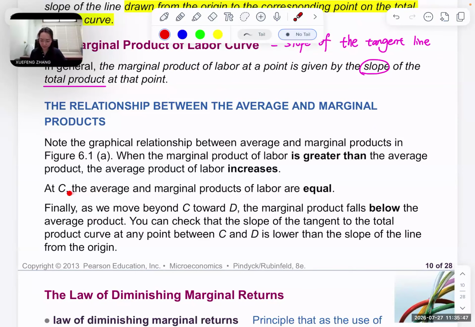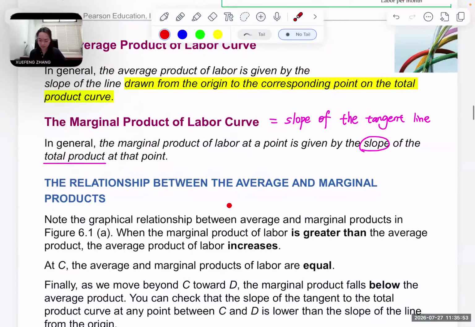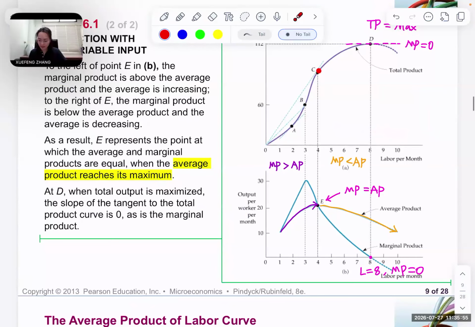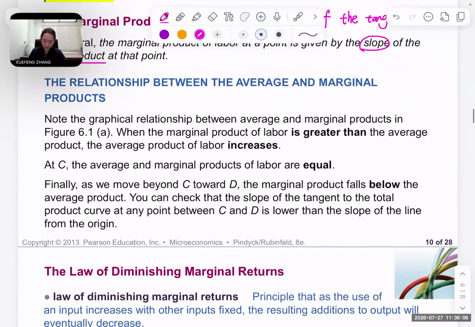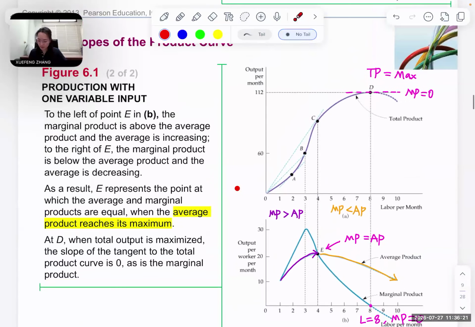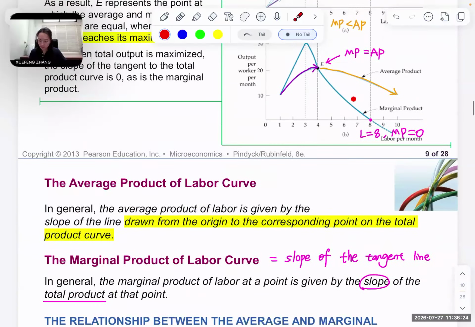And then at point C, basically, yes, it's C. Point C corresponds to point E. At this point, MP equals AP. You see AP and MP are equal.